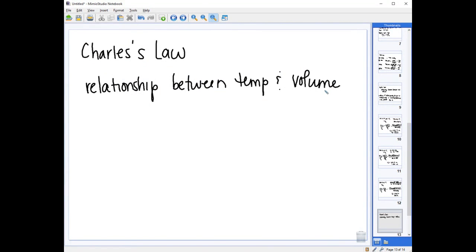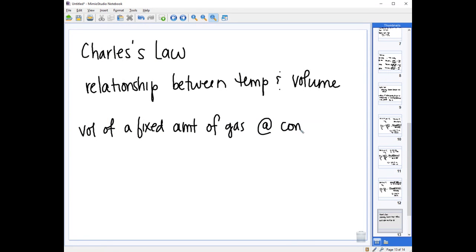So Charles's law says the volume of a fixed amount of gas at constant pressure. Remember, two things change, two things stay the same. So our amount stays the same and our pressure stays the same.